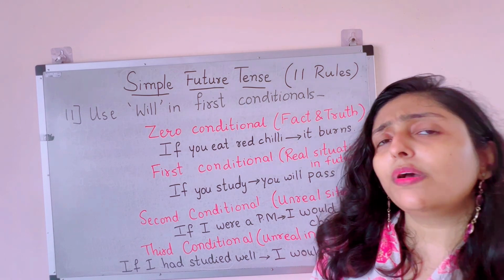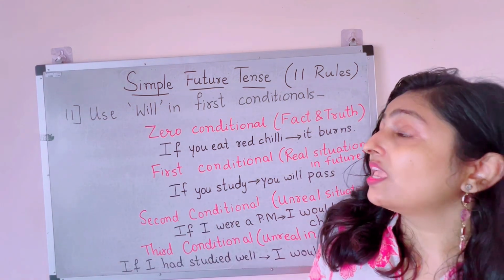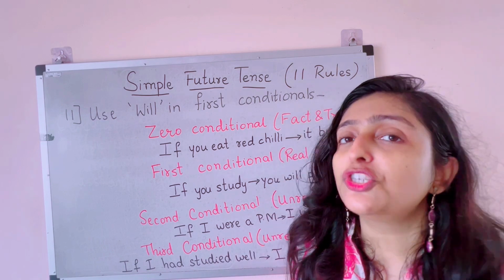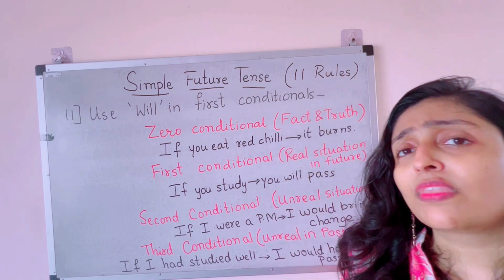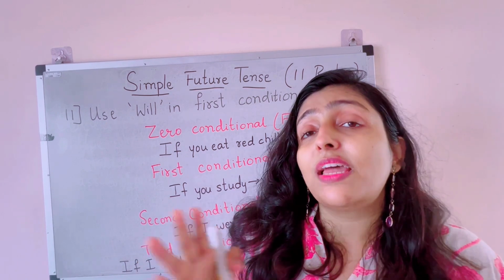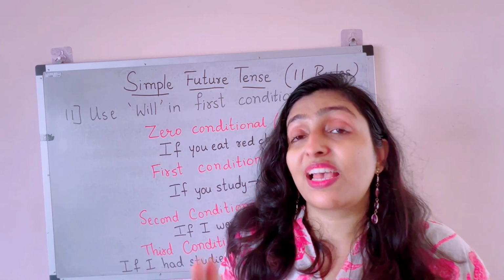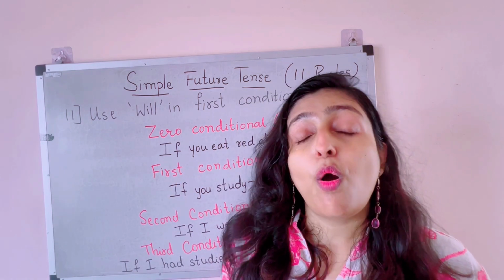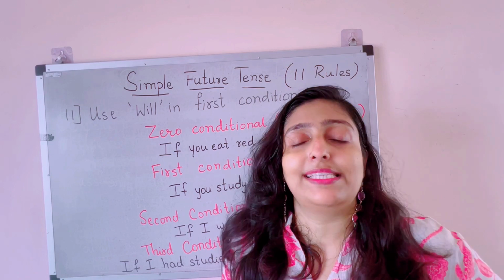Now, rule number 11 says you have to use will in first conditionals. What are conditional sentences? The sentences that begin with if, where there is a prerequisite, there is a condition. All such sentences beginning with if are conditional sentences.